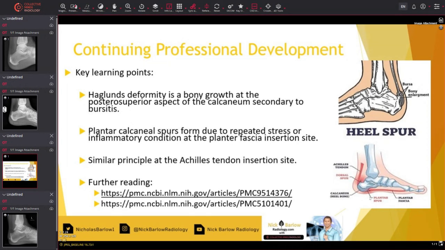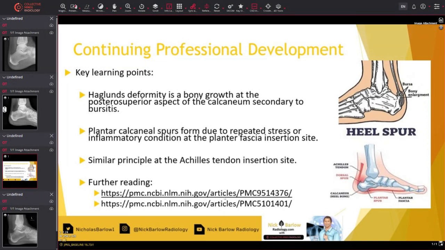Plantar calcaneal spurs are due to repetitive stress or inflammation of the plantar fascia insertion causing new bone formation. And again, we've got a small diagram down here just to show this is the plantar fascia and this is a spur forming at the bottom. And it's the same principle at the Achilles tendon insertion as well. And the enthesopathy there can be quite marked with some adjacent soft tissue swelling.